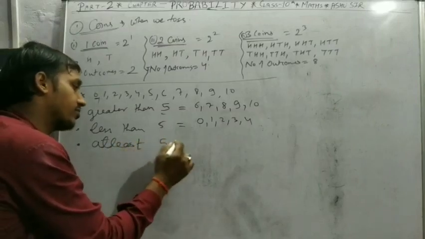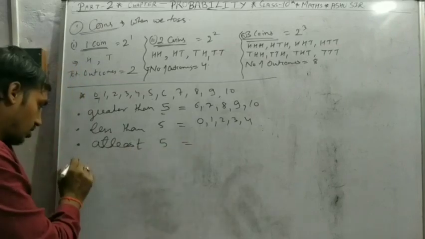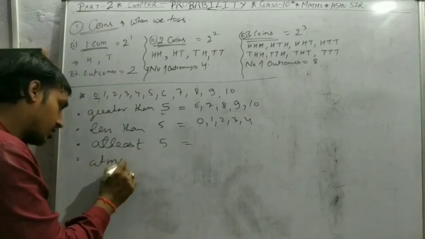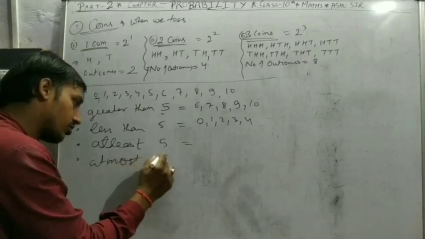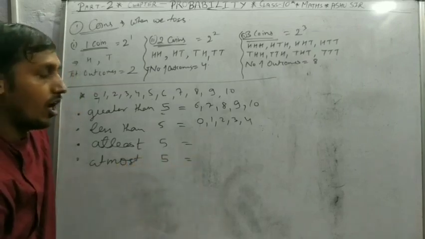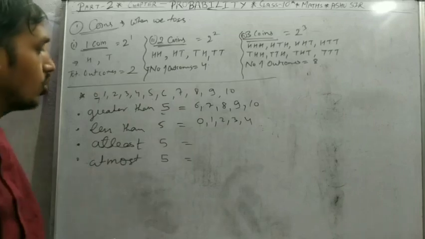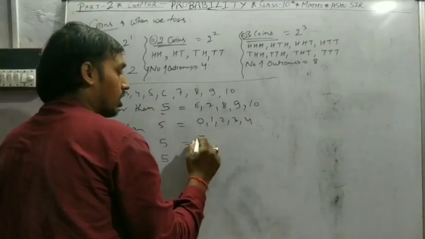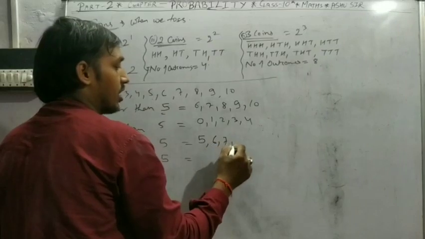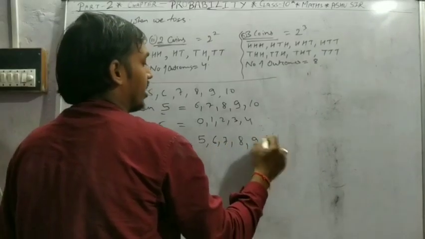At least 5, or the next term, at most 5. At least means kam se kam. So you start from 5, 6, 7, 8, 9, 10.